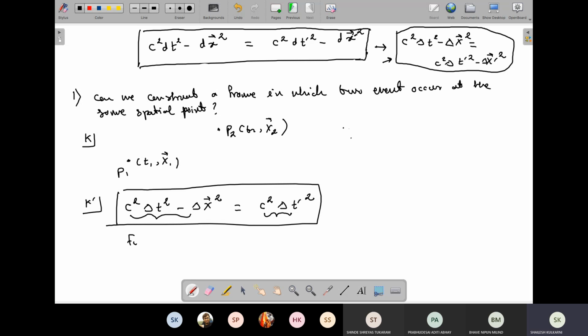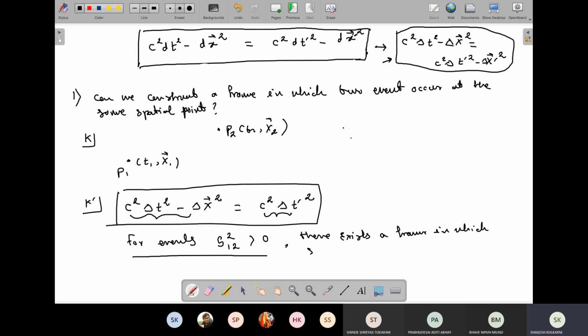So for events such that S12 square, which is nothing but your interval, is positive, for events like these there exists a frame in which the spatial separation is 0.